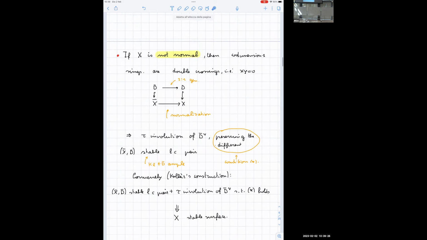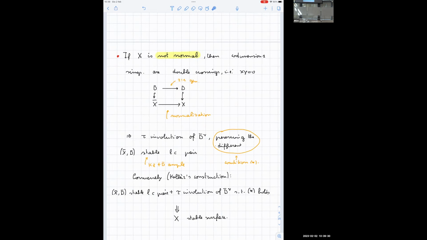And so from a non-normal stable surface, I produce a pair with X bar normal, divided by an effective divisor, and an involution. And the pair has log canonical singularities and the relative canonical class K_X bar plus D bar is ample.